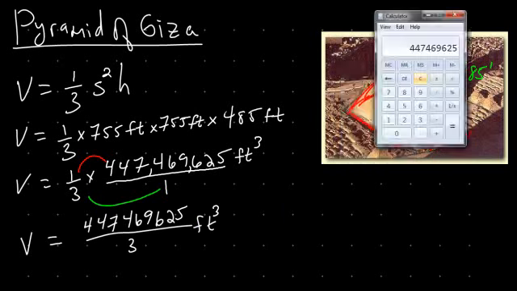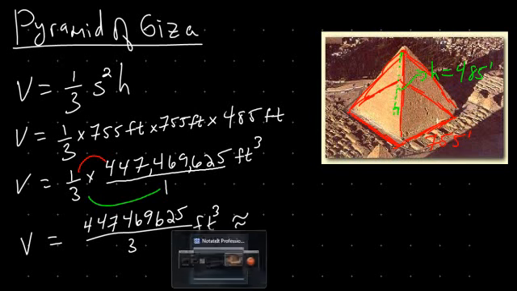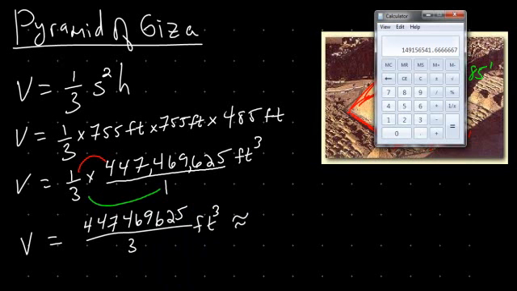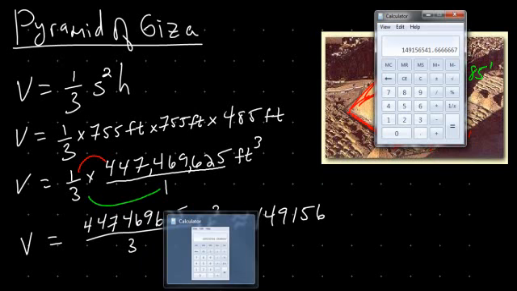Okay, and let's finish that with the calculator. 447,469,625 divided by 3. And we have approximately, and that's my little sign I use for approximately, 149,156,541.6.